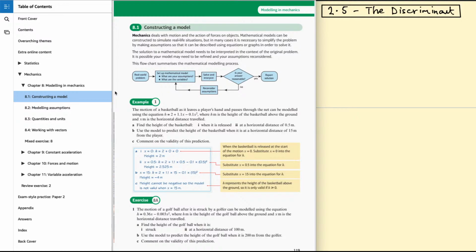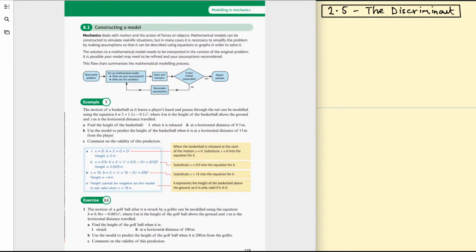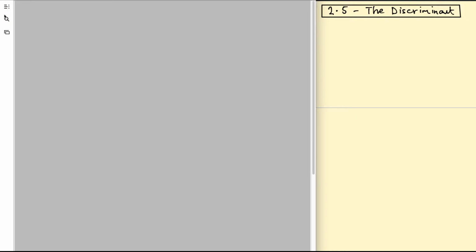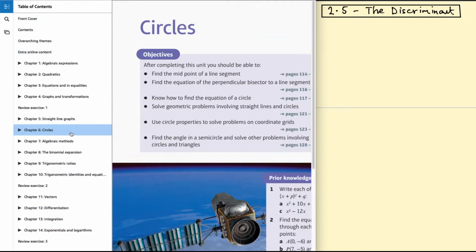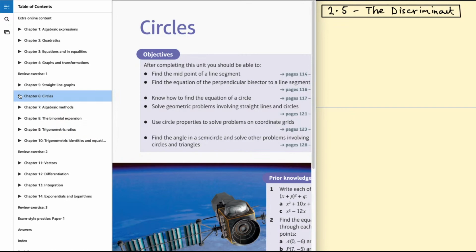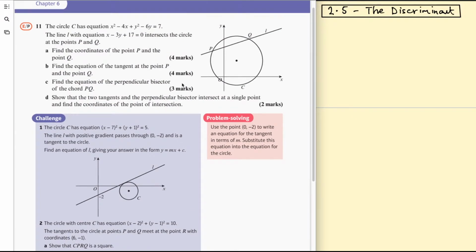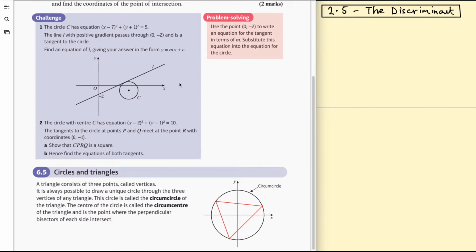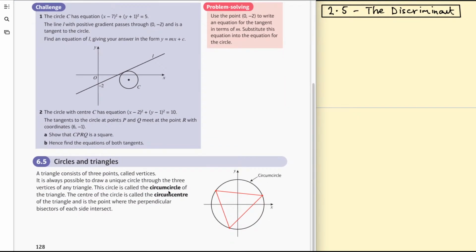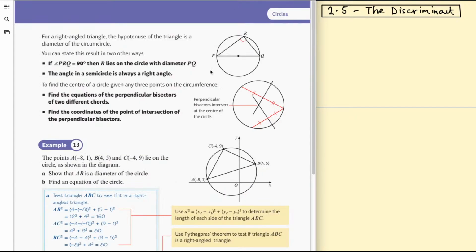Shape equations. So the equation of a circle. Then you've got circles and triangles. Not really sure what that's referring to. Oh, circumcircle, circumcenter. That stuff's pretty cool.